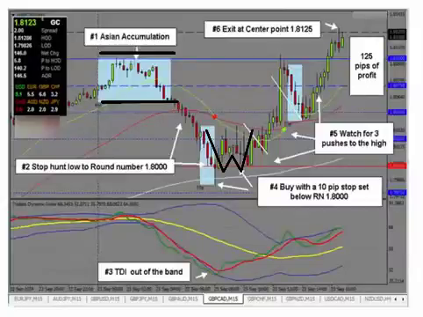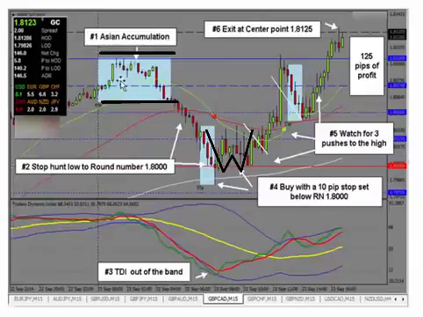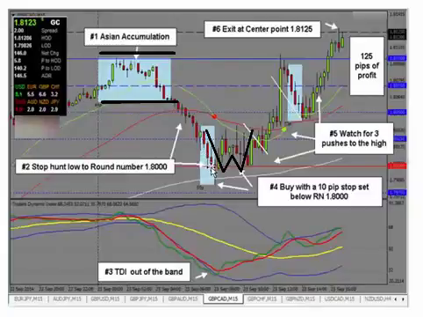Here's an example on the pound CAD. Same thing. Asian accumulation set, stop hunt low. The dealer in this case, he cycled up then he cycled back down again, but he bounced right exactly at a round number of 1.800.